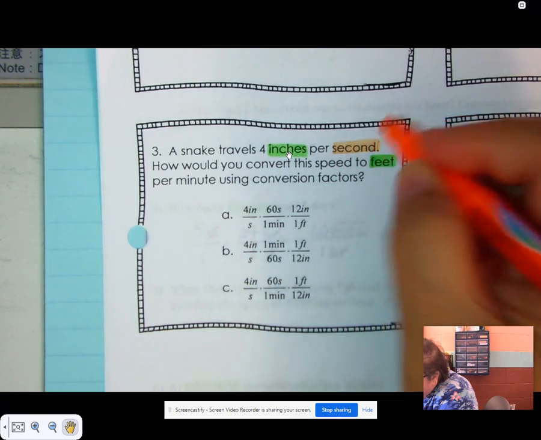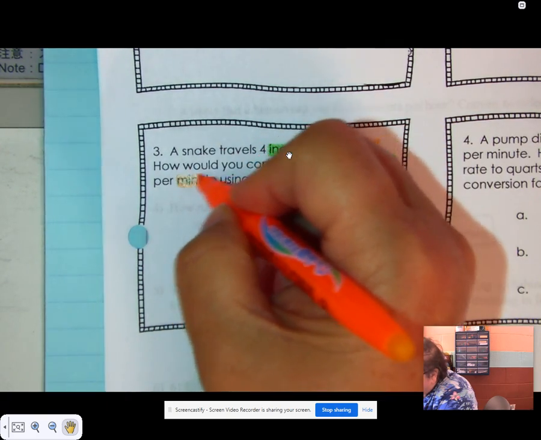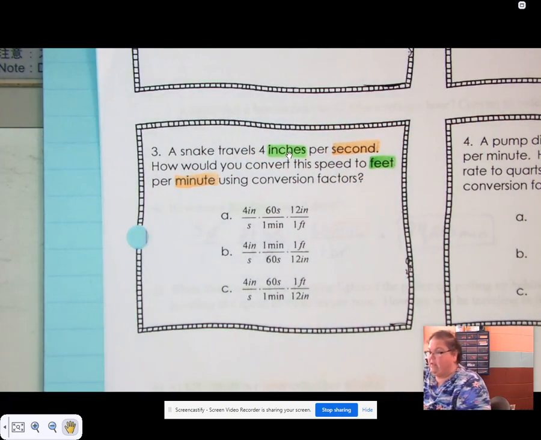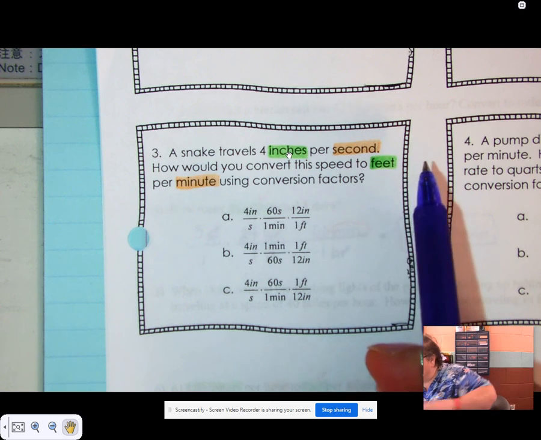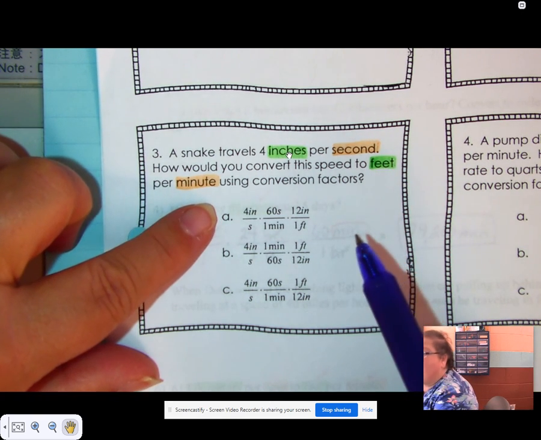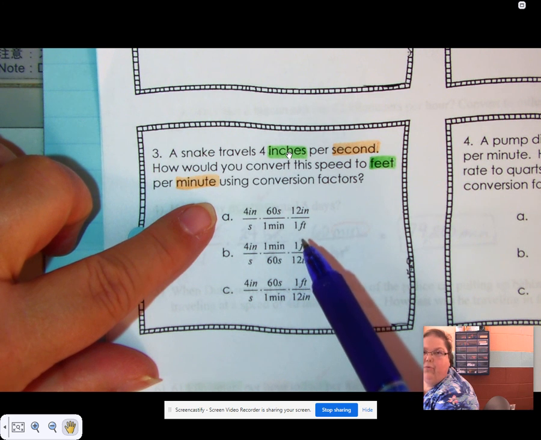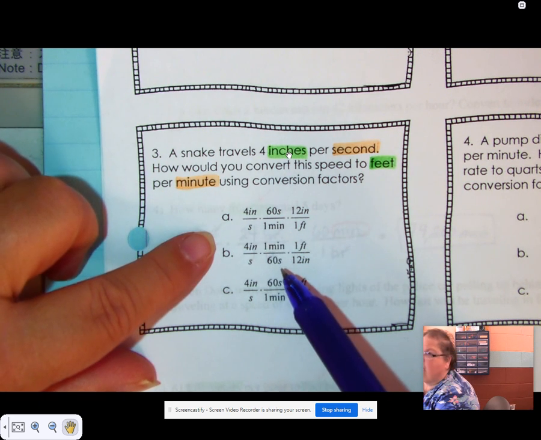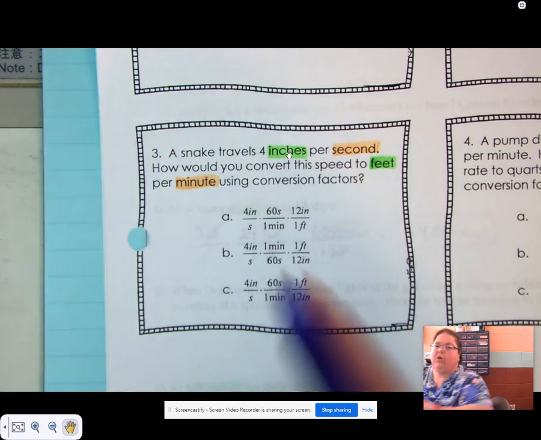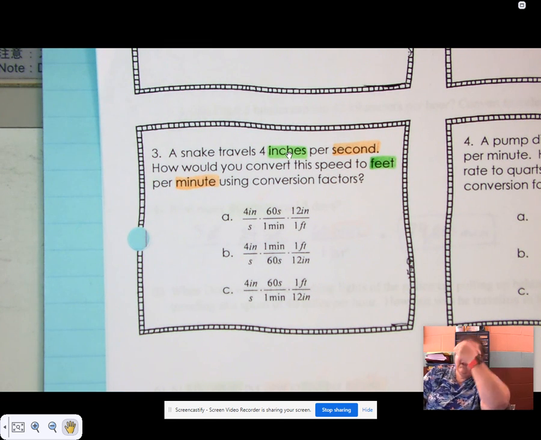Seconds to minutes. Okay. Using our conversion factors, here we go. In multiple choice, what you're looking to do is cancel the words, because the measurements that are there are correct. Let me say that again: you are not checking measurements.